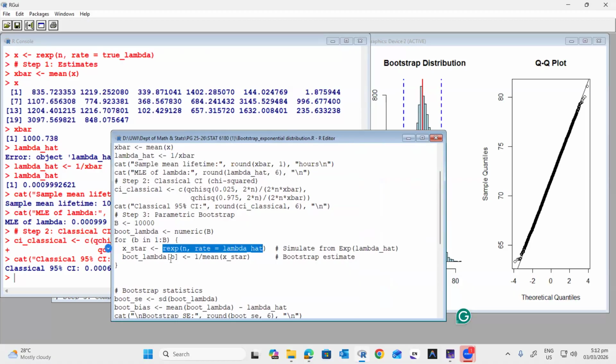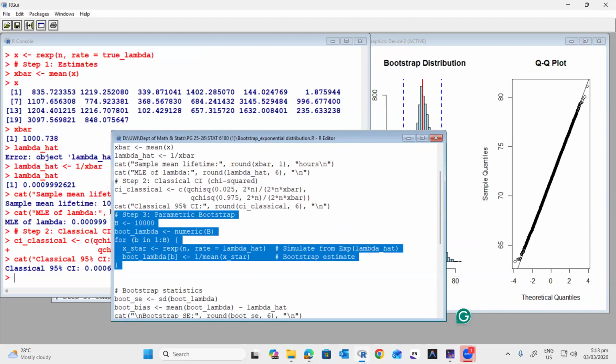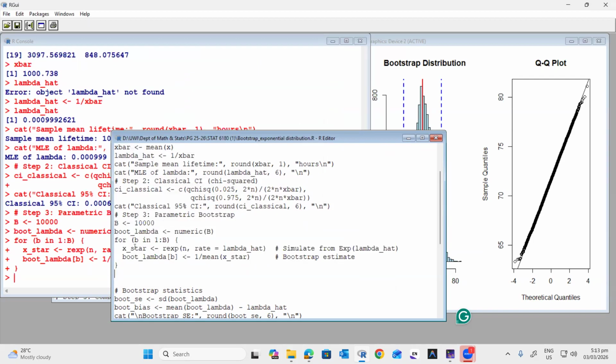And in boot lambda b, we are going to store the values of our generated sample means. So this is the for loop.